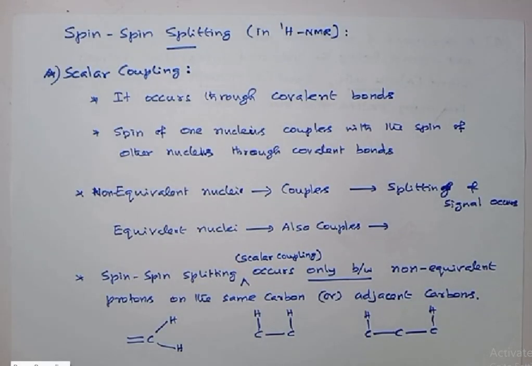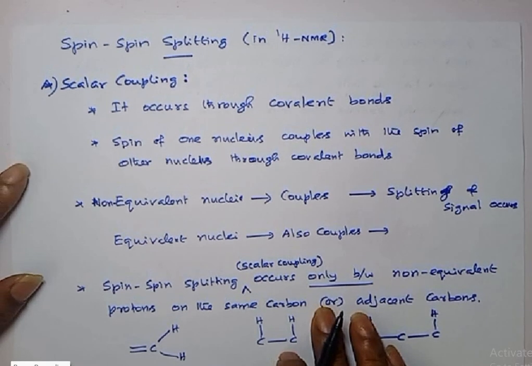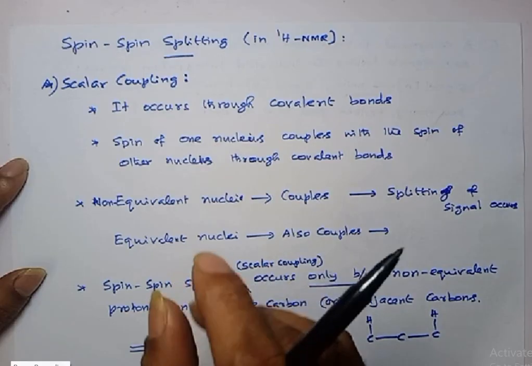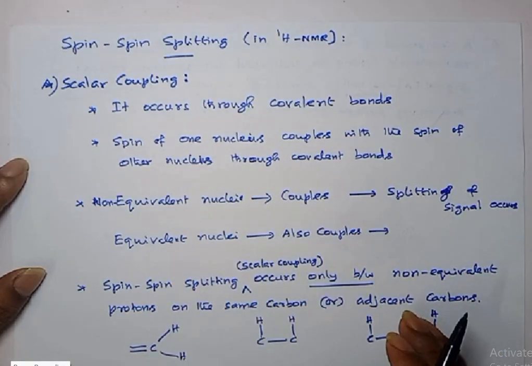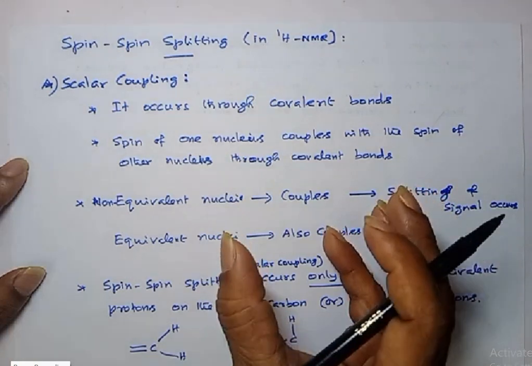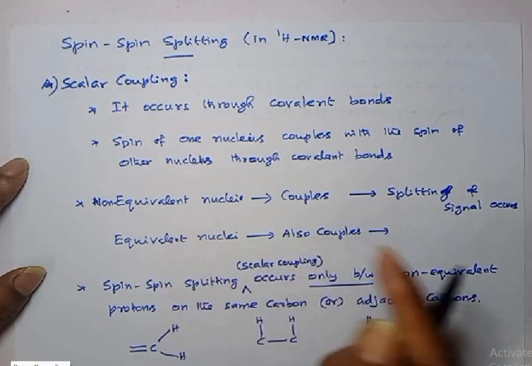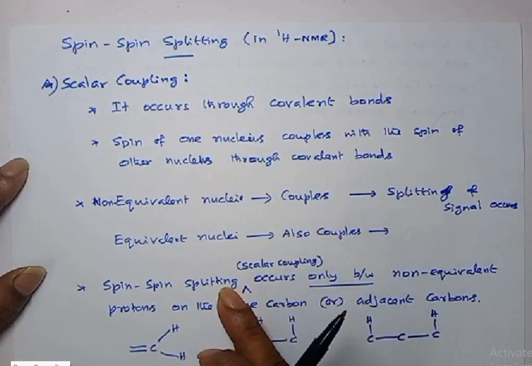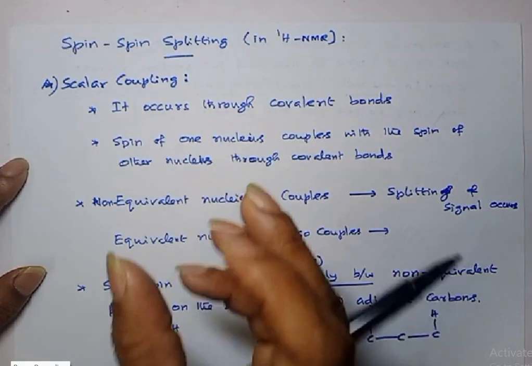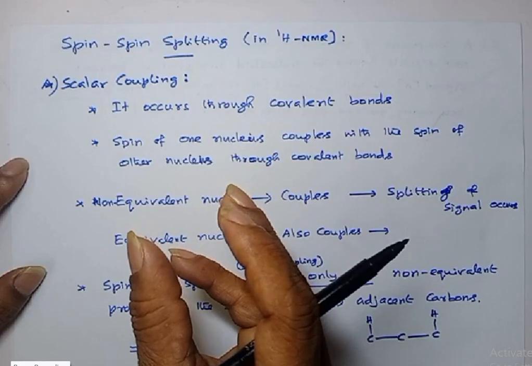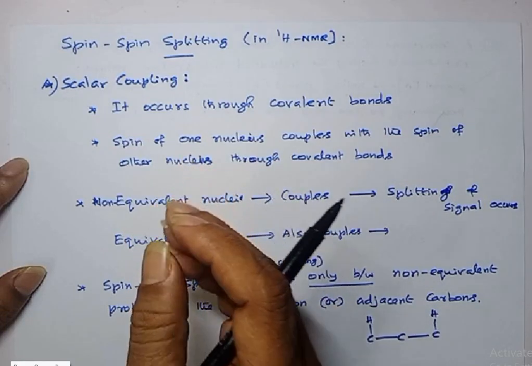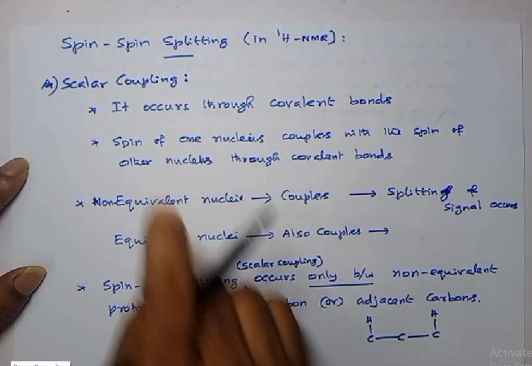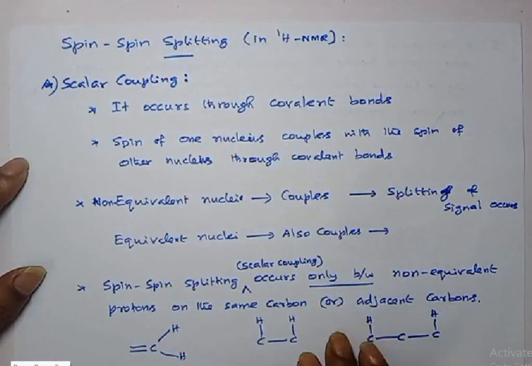So spin splitting. Listen. The spin of one nucleus and the spin of another nucleus present in a molecule interact either through covalent bond or through space, such that they couple with each other. Because of that coupling, sometimes splitting of signals may happen. This is what we call spin splitting.